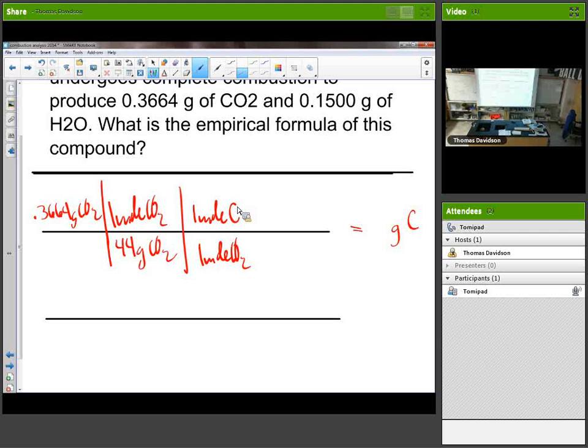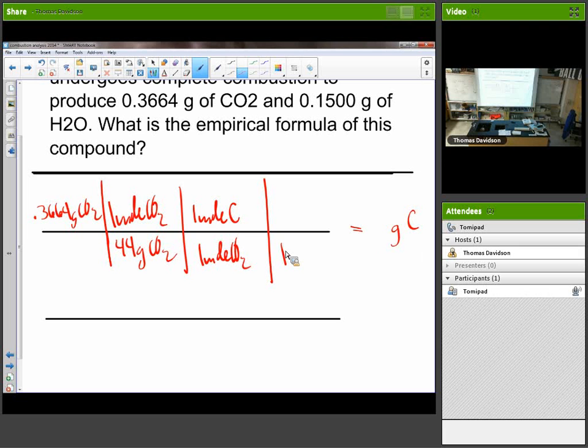Because remember, these subscripts are telling you the mole ratios, just like the coefficients will tell you the mole ratios. All right, now I'm not quite at grams C, so what do I need on the bottom?